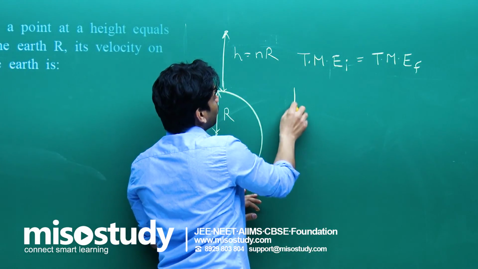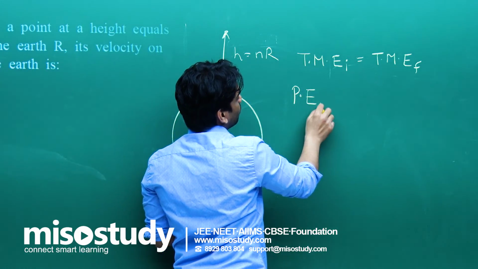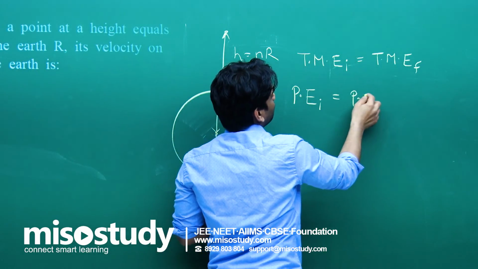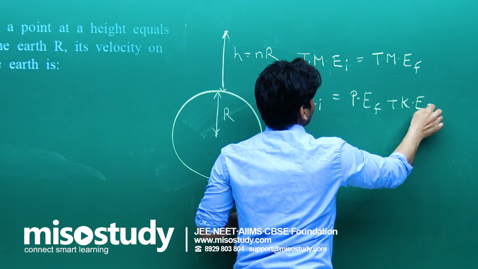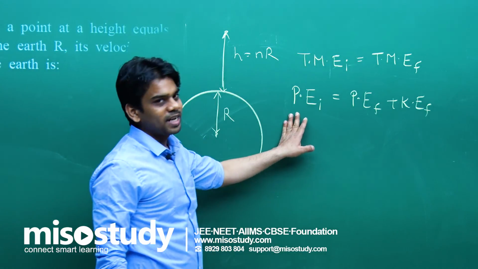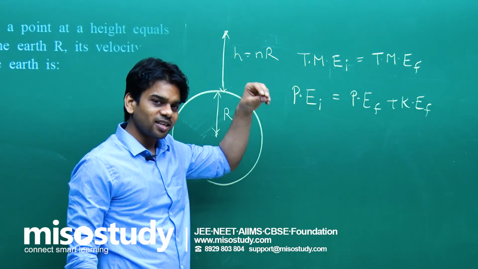At the topmost point you will be having potential energy only. Potential energy initial is equal to potential energy final plus kinetic energy final. I have not used kinetic energy for initial because the body will be at rest, it is released.